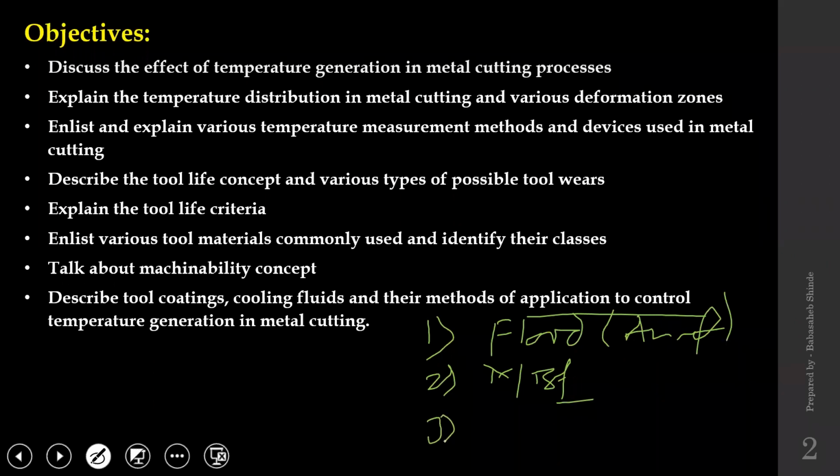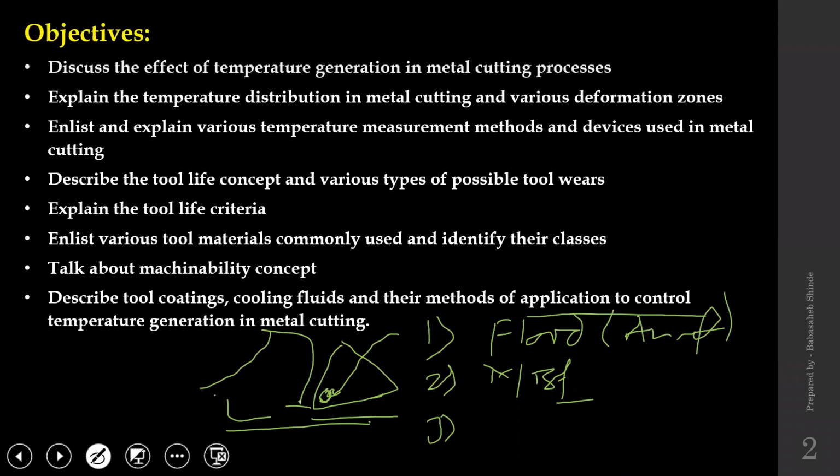Or additionally, when you use a cutting tool to remove the workpiece material, usually what we do, we provide passages in the cutting tool itself, and through which you provide that cooling fluid. So what will happen?